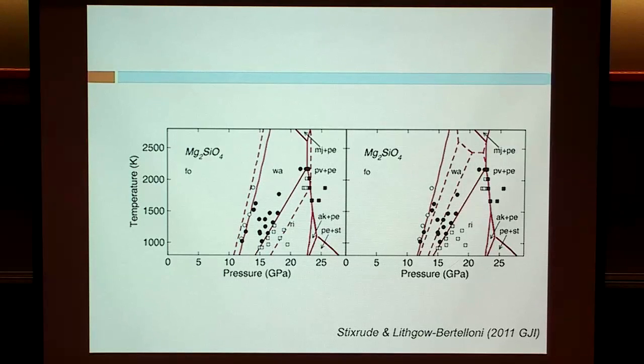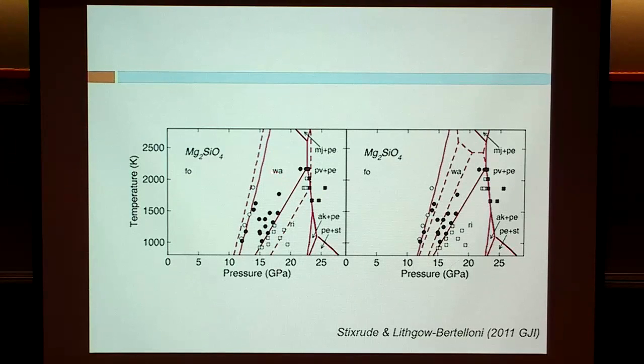Okay? In the case of Forsterite, we know what the characteristic vibrational frequency is because we have thermochemical data at low pressure. But for Wadsleyite, we don't, and for Ringwoodite, we don't, or at least not over a very large temperature range. The solid lines show our best fit solution to these data, and the dashed lines show what happens if you change the reference free energy of Wadsleyite by, I think it was 1 kilojoule per mole.